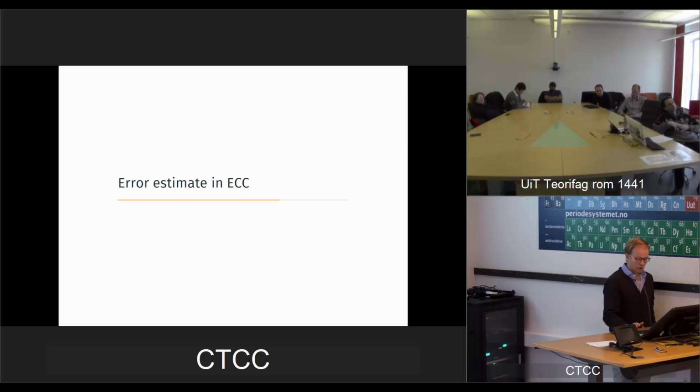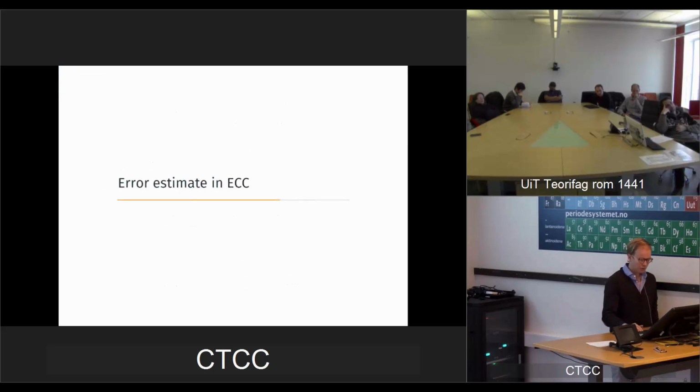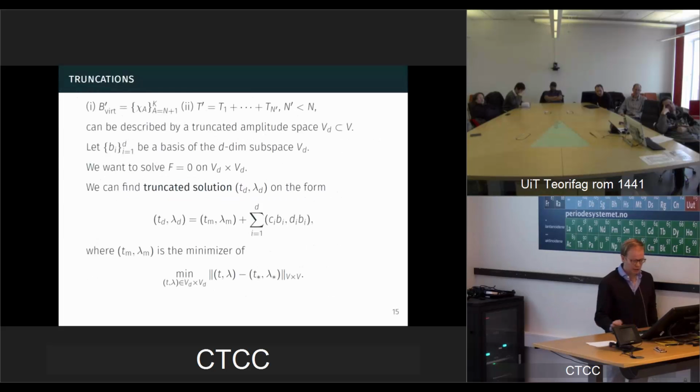Okay, so let's look at error estimates in the extended coupled cluster theory. So we recall that we have two sets of truncations.